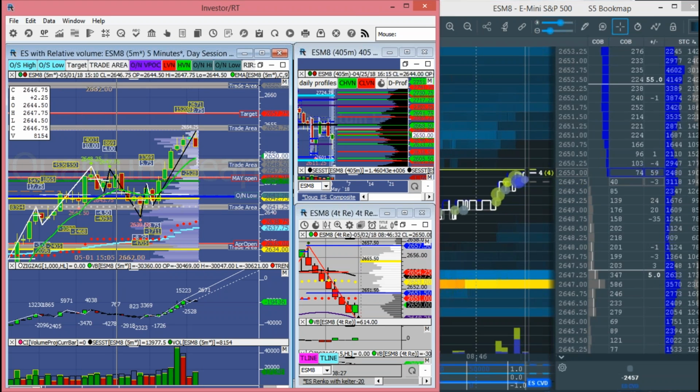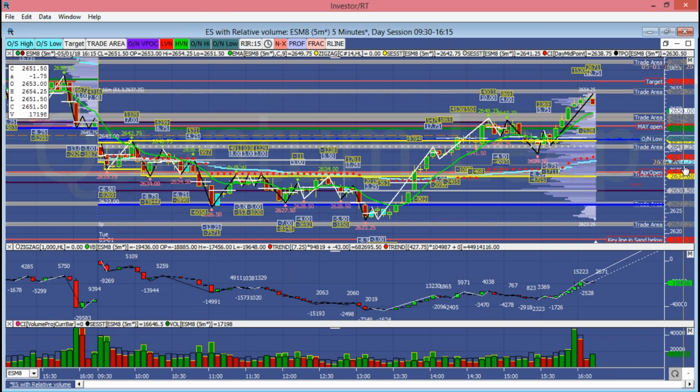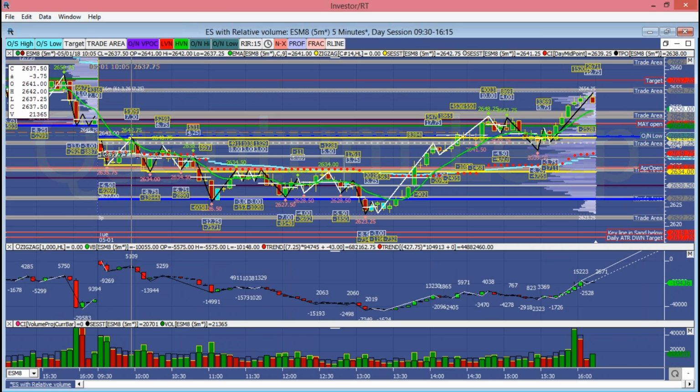So taking a look at yesterday, I didn't take a screenshot. Basically, our main hypothesis was an open auction out of range, a push up into the 47 area, and then a rotation down into the 33, basing and going sideways into today, which is the Fed day.